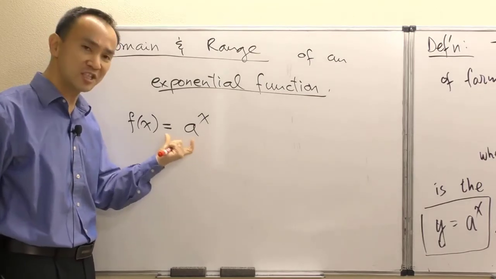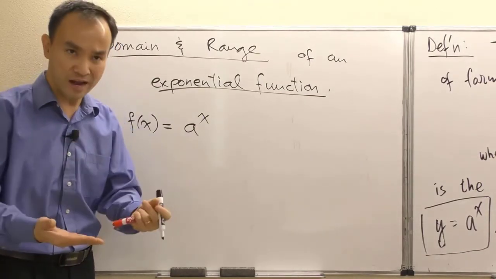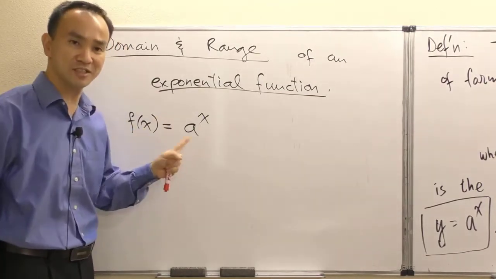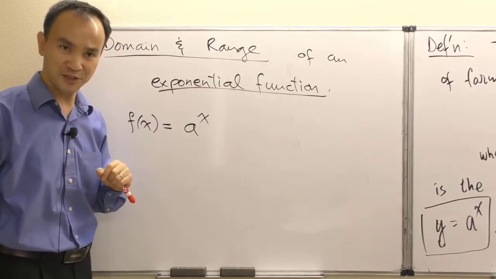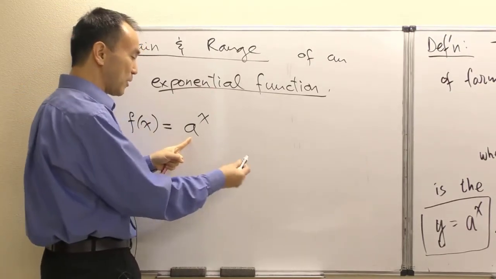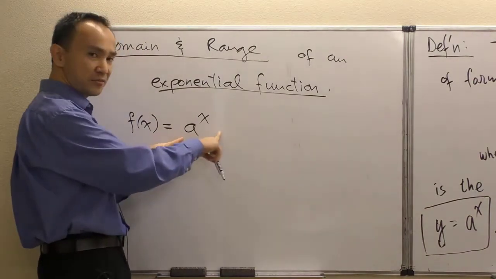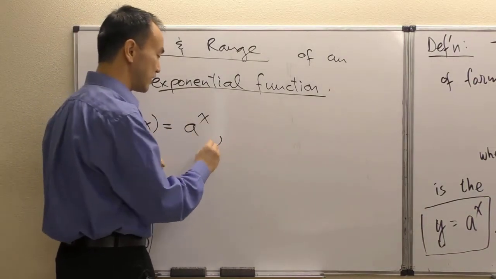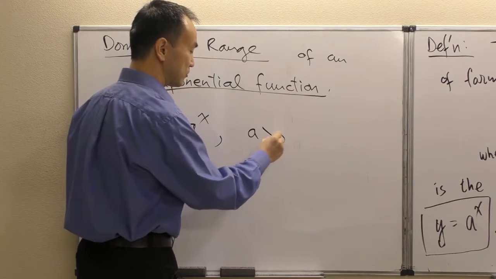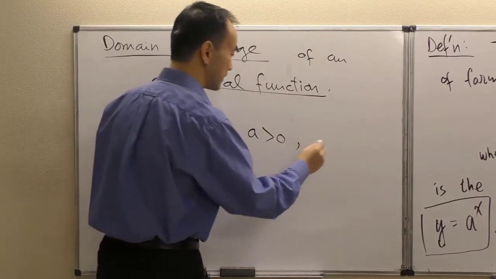Let's just build our understanding from the case of a simple exponential function first. With this simple exponential function, simply a base raised to an exponent, the base has to be a positive value other than 1.